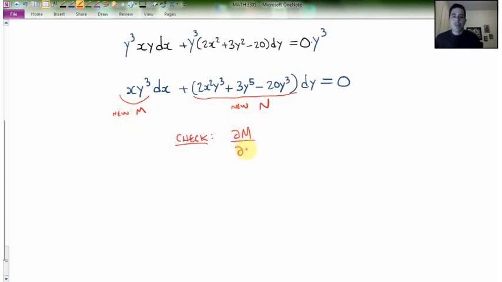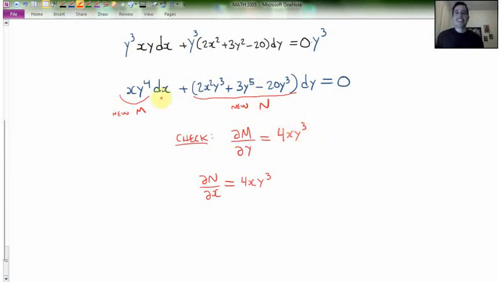Partial m, partial y is 4xy cubed. I was missing something there: y cubed differentiated is 3y squared, so x y cubed gives 3xy squared, and this should be 4, not 3, as the coefficient of y cubed gives 4.